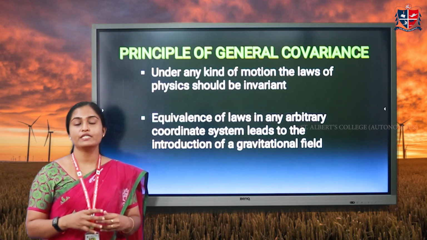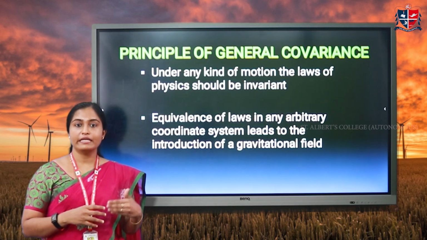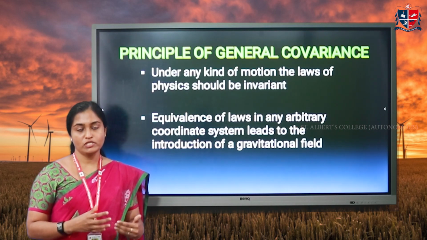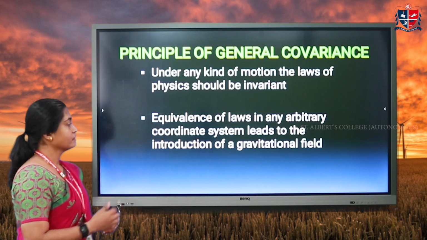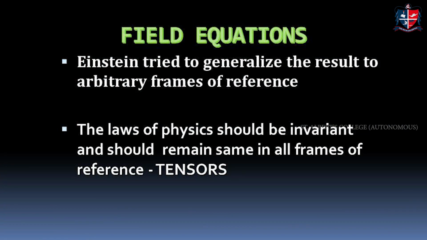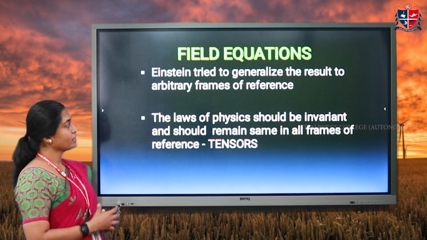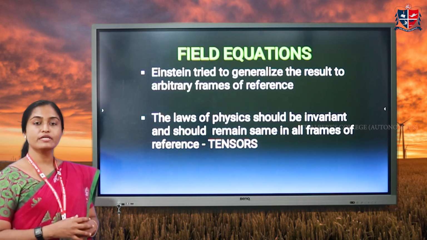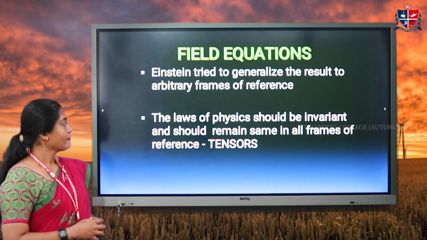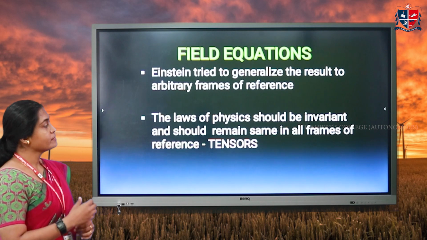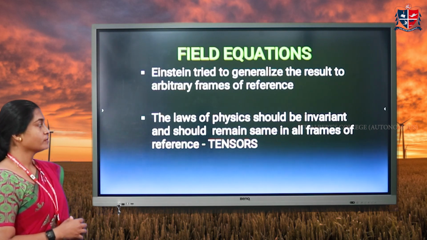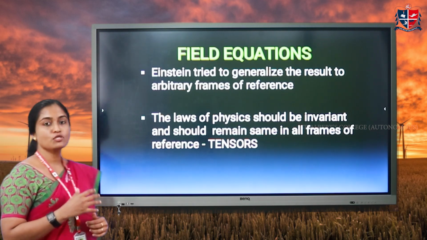During this video lecture, we will see the nature of that potential and the gravitational field. Based on the principle of general covariance, Einstein tried to generalize the result into arbitrary frames of reference. The laws of physics should be invariant and should remain the same in all frames of reference.